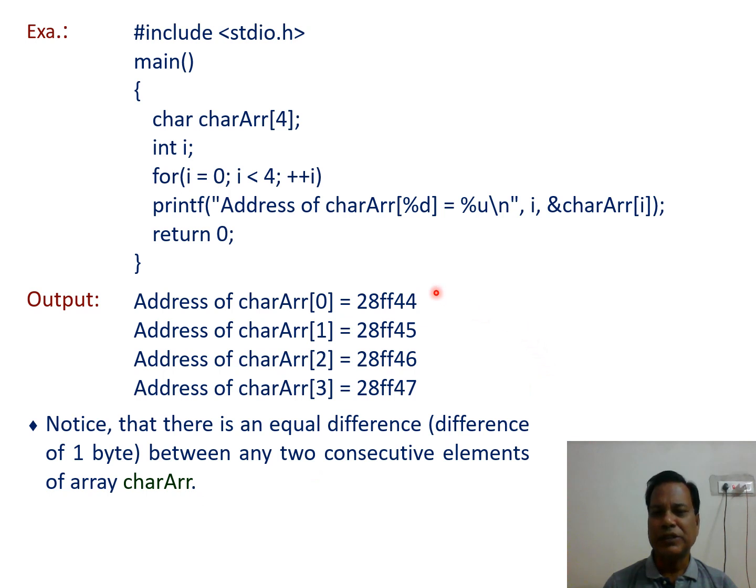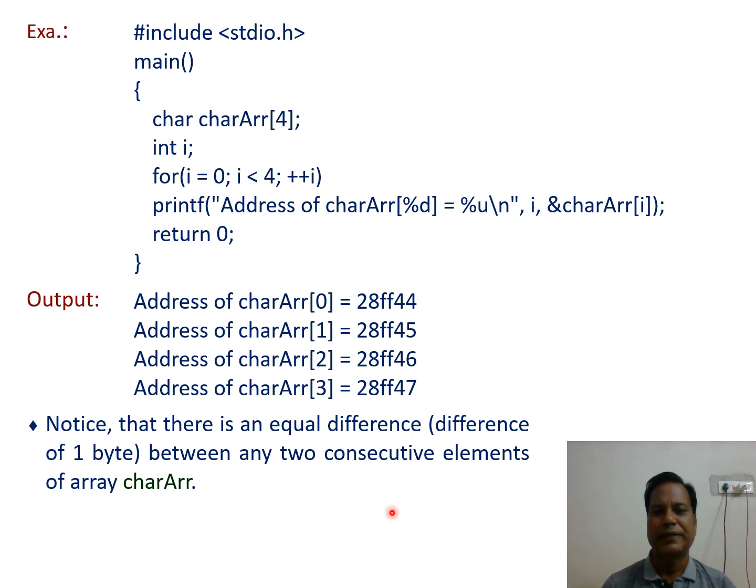So each memory location increases by 1 byte only, because each memory location has the capacity of storing 1 byte. So here we find that 4 memory locations are required to store the 4 elements of the char array.